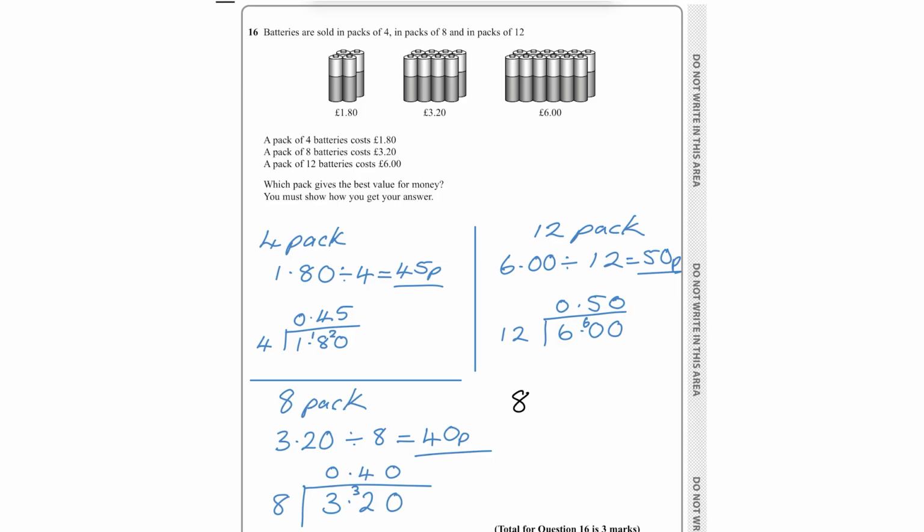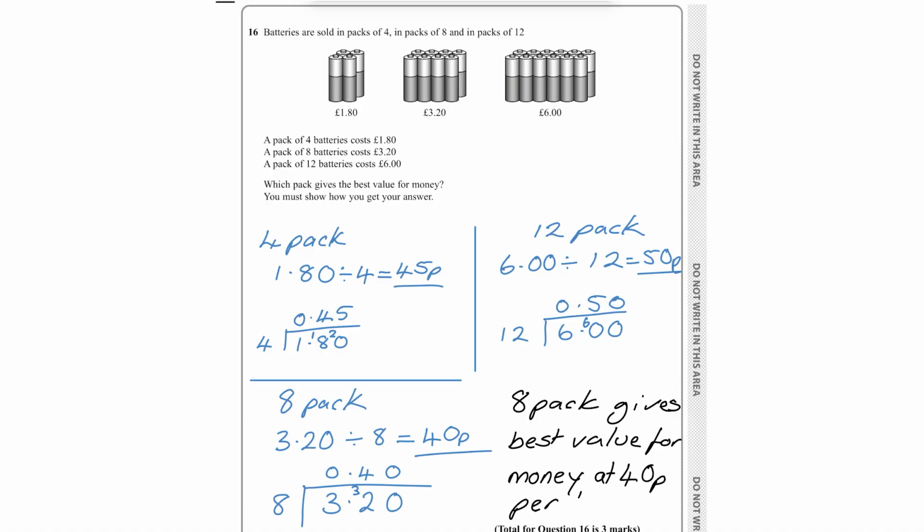We'll say 8 pack gives best value for money at 40p per battery. That's a perfect answer. Each calculation is clearly worked out, and then you stated exactly what the exam has asked you, which pack gives best value for your money, and you've shown all your working out.